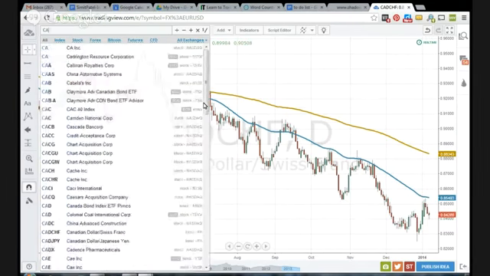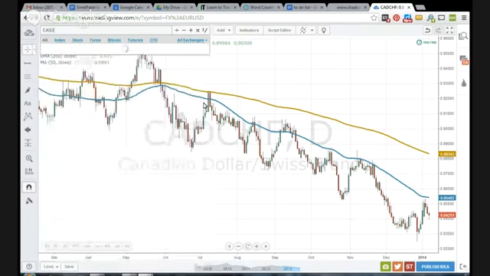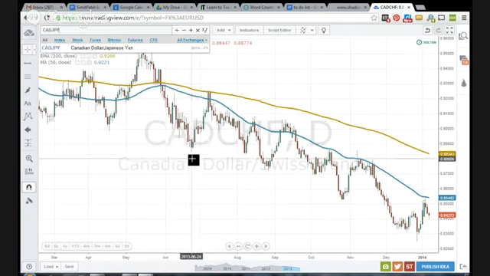So let's look at CAD yen now. If we do get another pullback, we'll see. And we may. That entry order, I still have that on, so I haven't canceled that one. CAD yen.